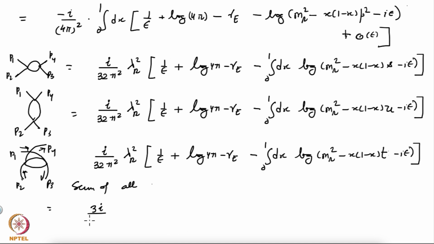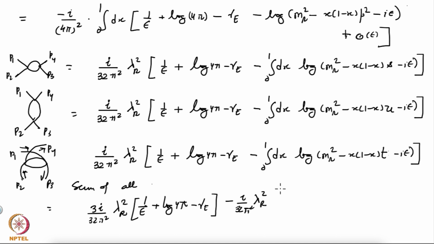So 3I over 32 pi square lambda r square times 1 over epsilon plus log 4 pi minus Euler gamma, plus or minus I over 32 pi square lambda r square times this integral 0 to 1 dx, and then you have all these terms that you can fill.